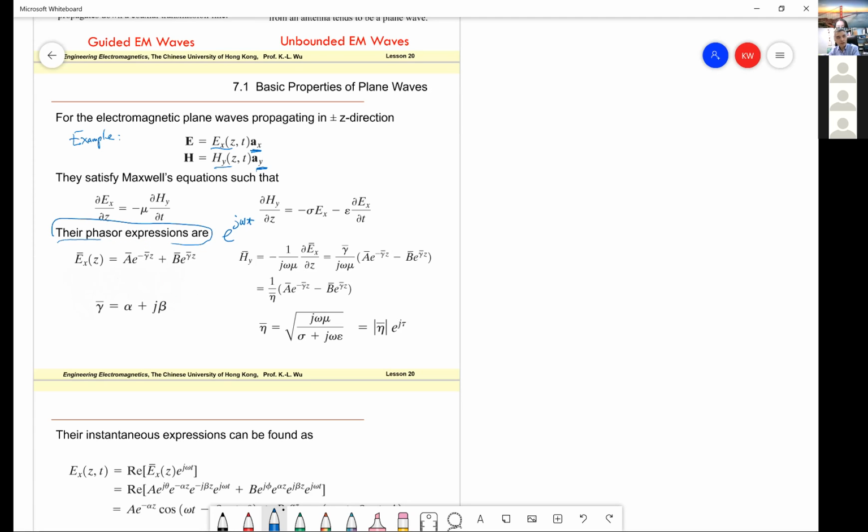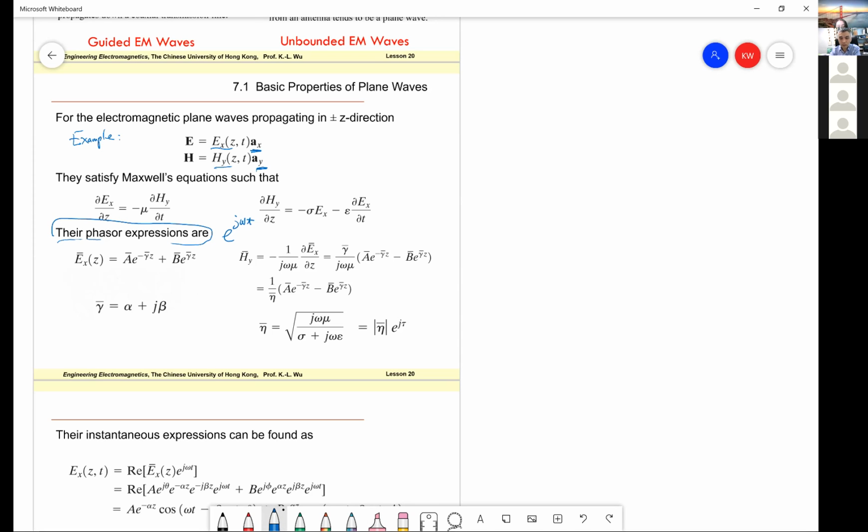Sometimes I like to emphasize this is a phasor, so I put a bar. This bar emphasizes this is a phasor, but you don't have to write it if you know clearly this is a phasor.